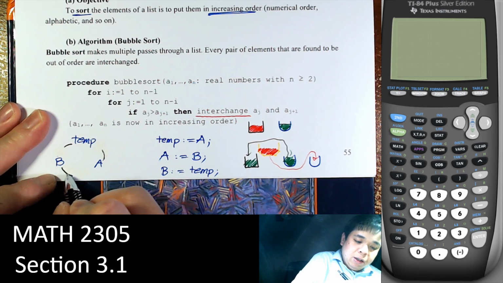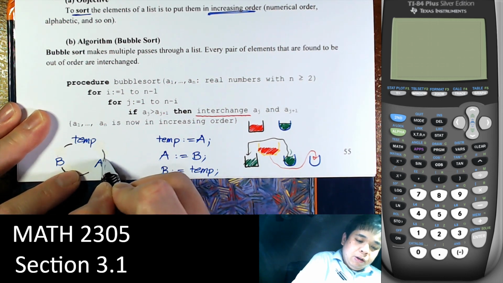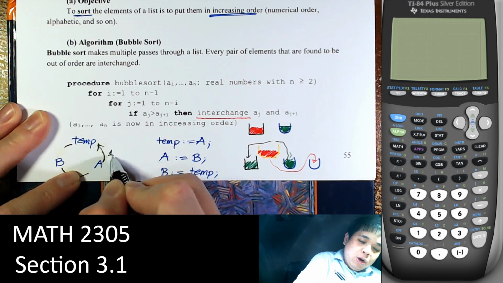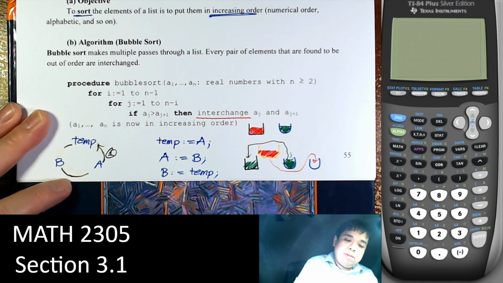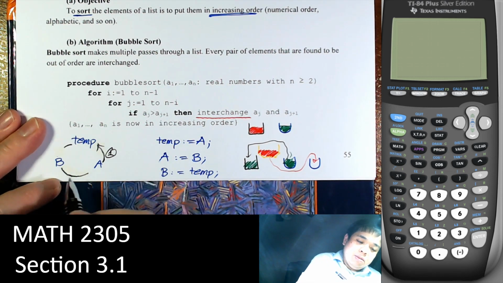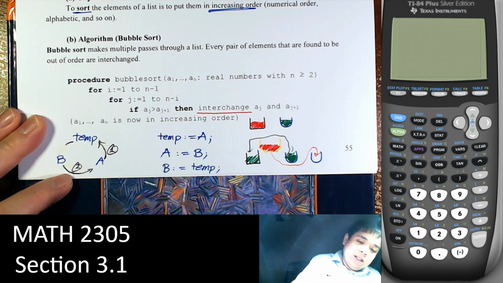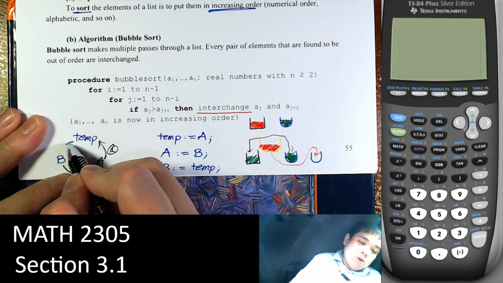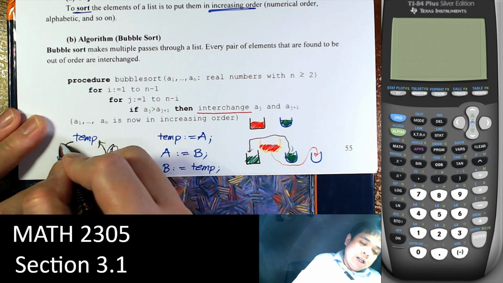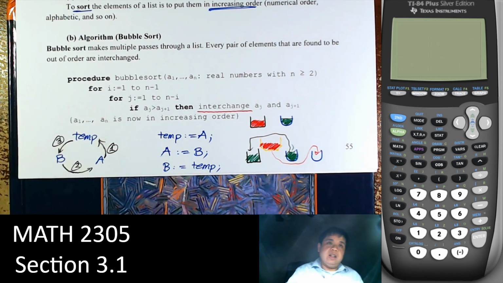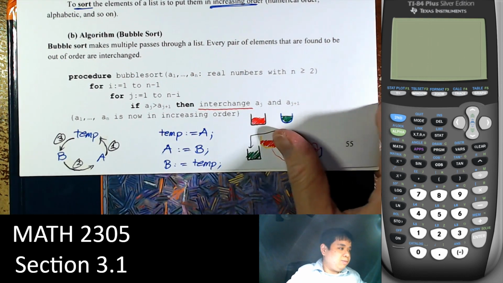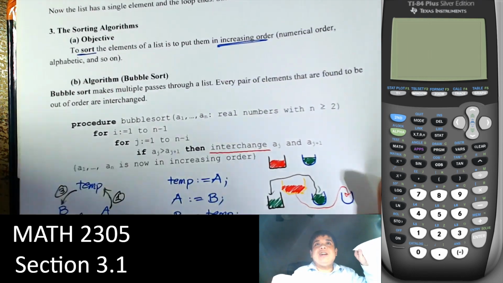This is one step: start A to temp, and then next B to A. That's the second step, and then temp to B. That's the third step. So that's in a cycle: A to temp, B to A, temp to B.